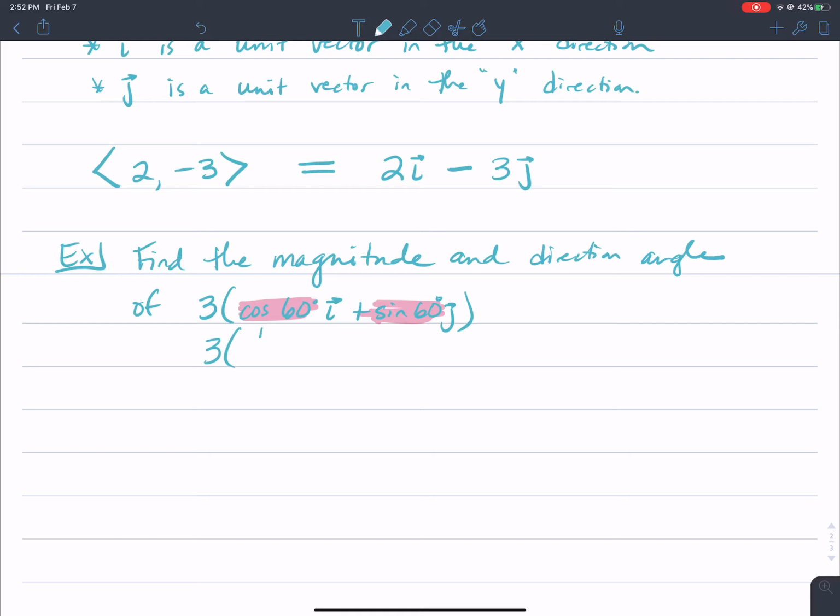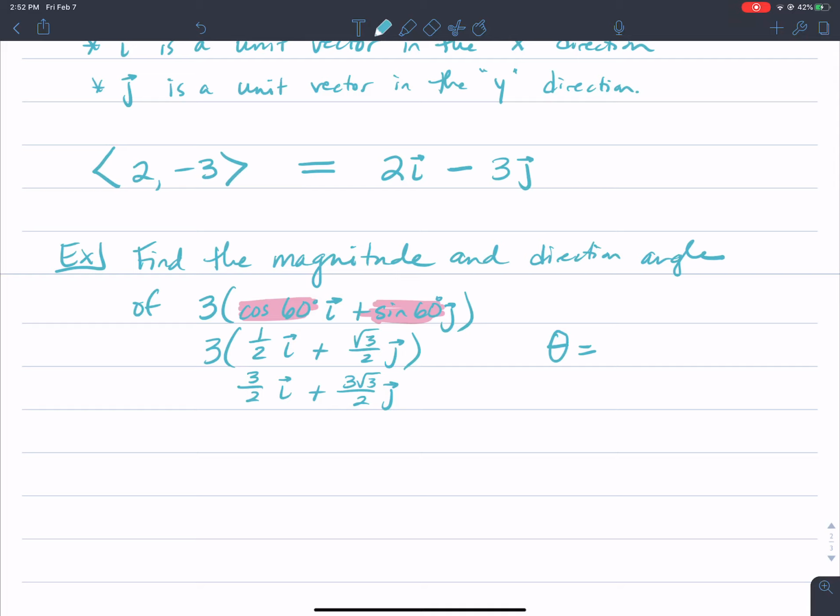So cosine 60 is a half. Sine 60 is √3/2. So it still looks a little gross because we've got fractions. Multiply by 3 here, so you have 3/2 I plus 3√3/2 J. So when it says find the magnitude and direction angle, well, first of all, I would hope you'd figure out what the angle was by how the problem was written.